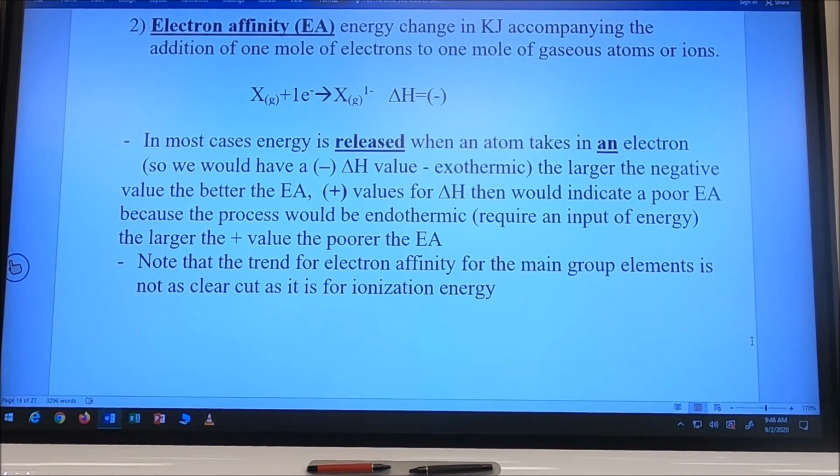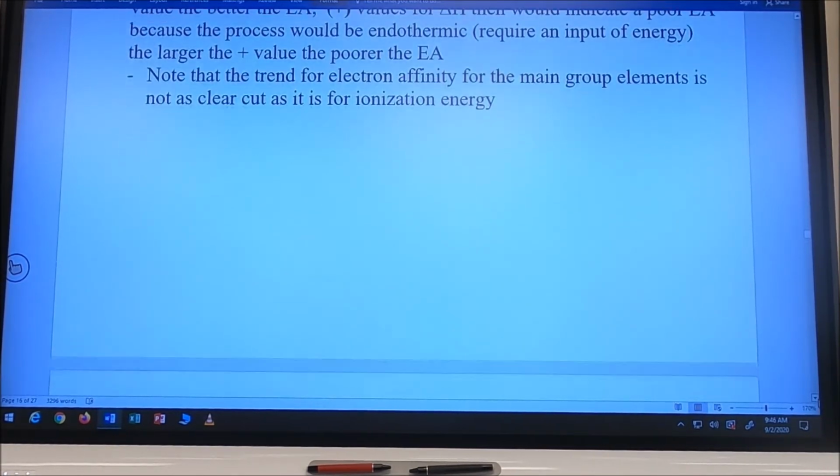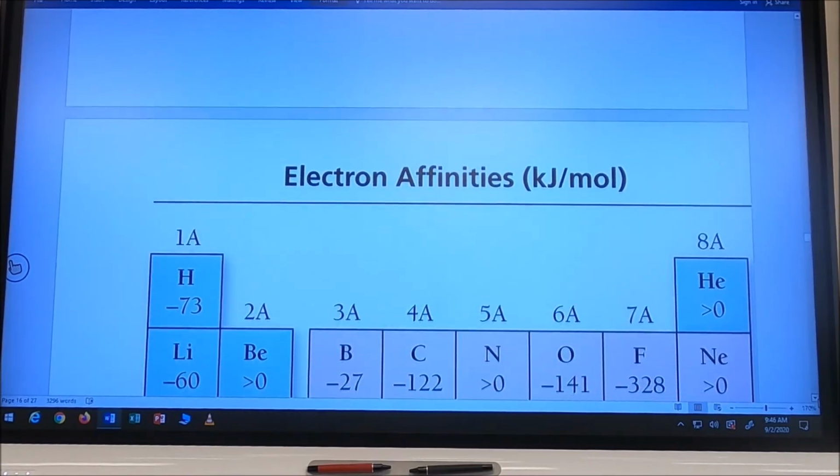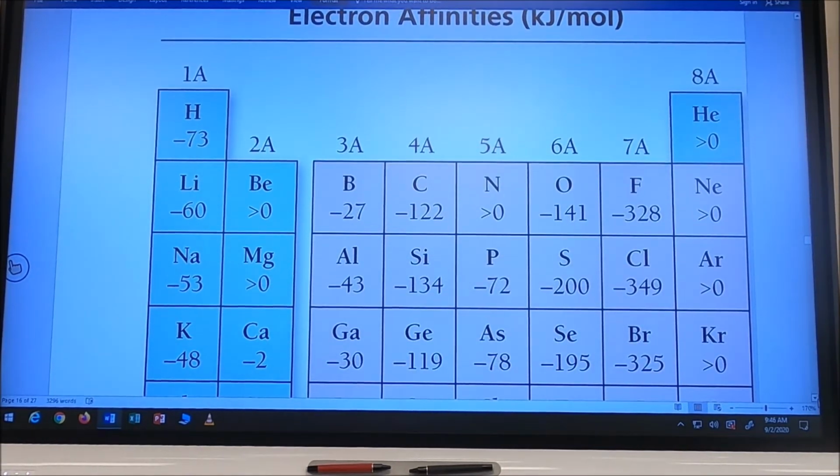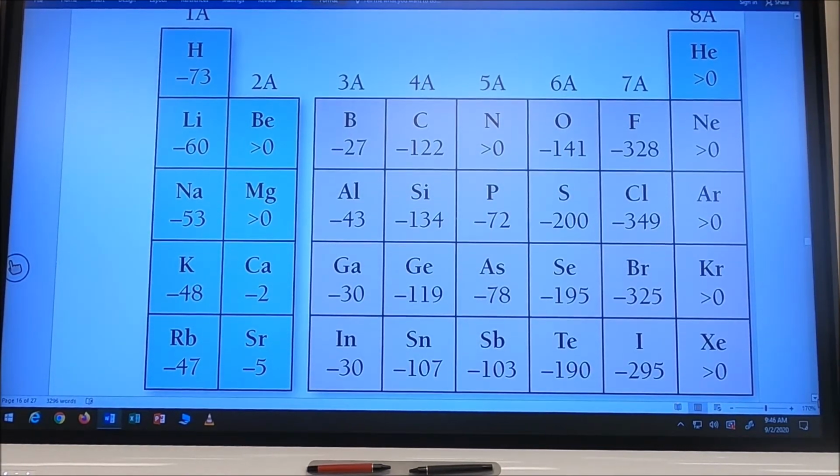The trend for electron affinities for main group elements isn't quite as pretty as the ionization energy trend. Okay, so let's look at it. So here it is for the main group elements.